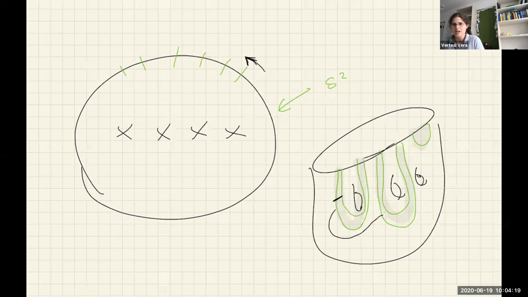Okay, and then what I'm trying to do is that in this case you will always be able to pair the cutting and the gluing arcs in a way exactly how it was in this picture.